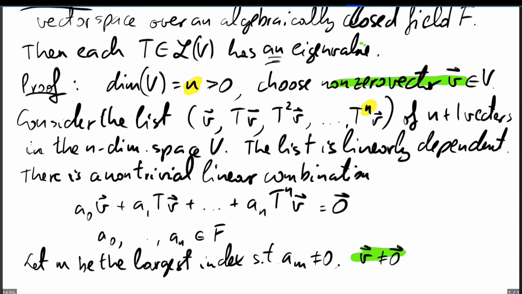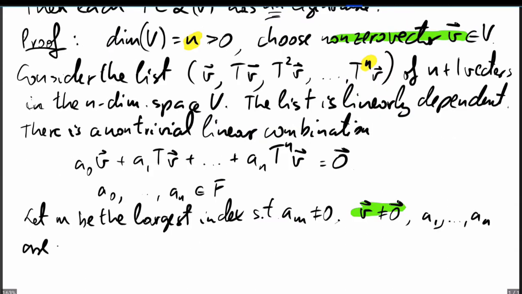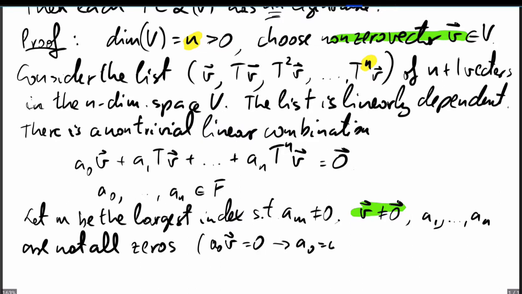So that means a1 through an are not all zeros, because if that was the case, then we would have simply a0 v, and that would force a0 equals 0, which means all zero coefficients. But that would be a contradiction to being a non-trivial linear combination. So some of the a_i's are not zeros for sure. That means there is a largest index which is not zero.